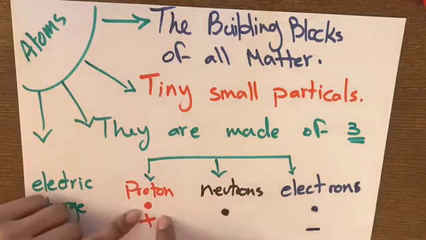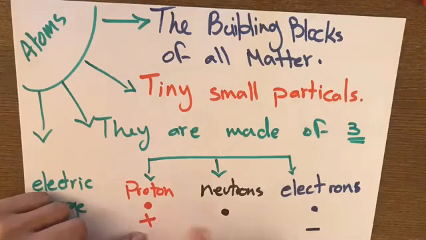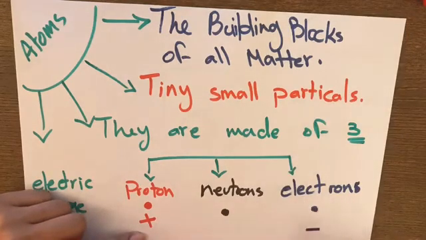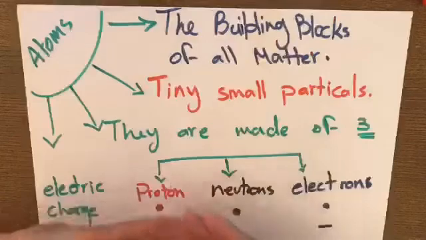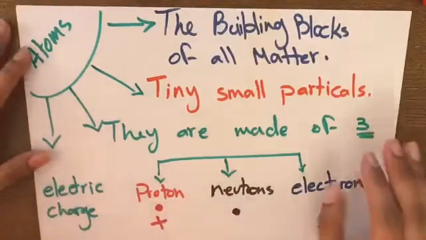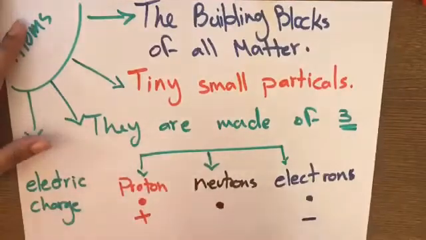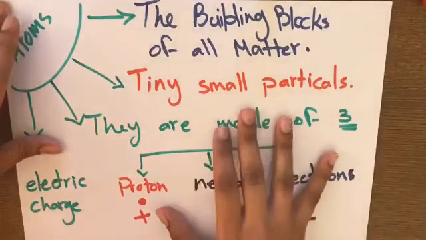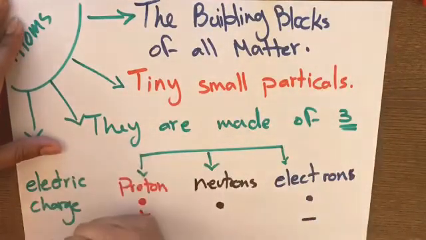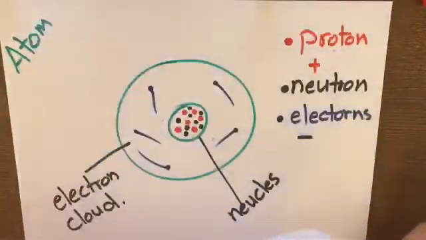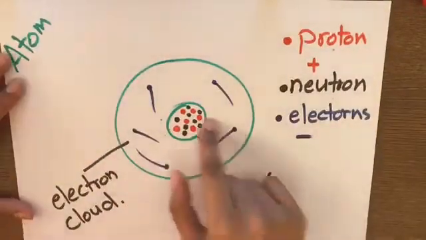So, a proton has a positive charge, an electron has a negative charge. What about neutrons? They have neutral charges. So what do I mean by neutral? Neutral means that it is not positive and not negative. All right?